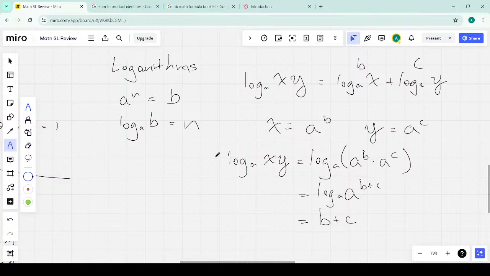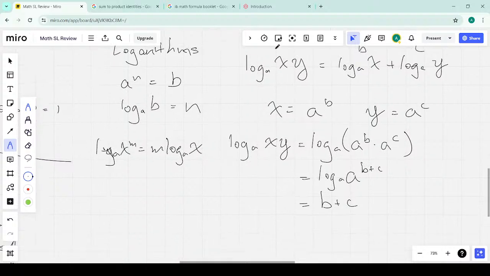Another one is log a of x to the n equals n log a of x. This one comes from the identity up here.